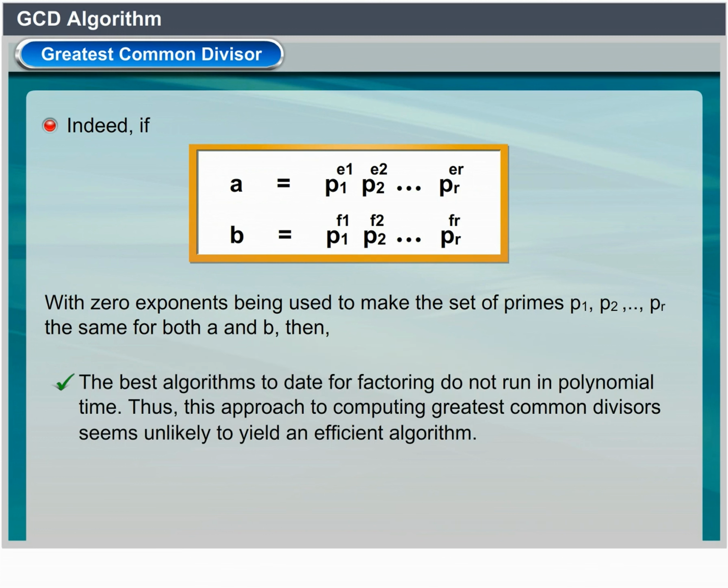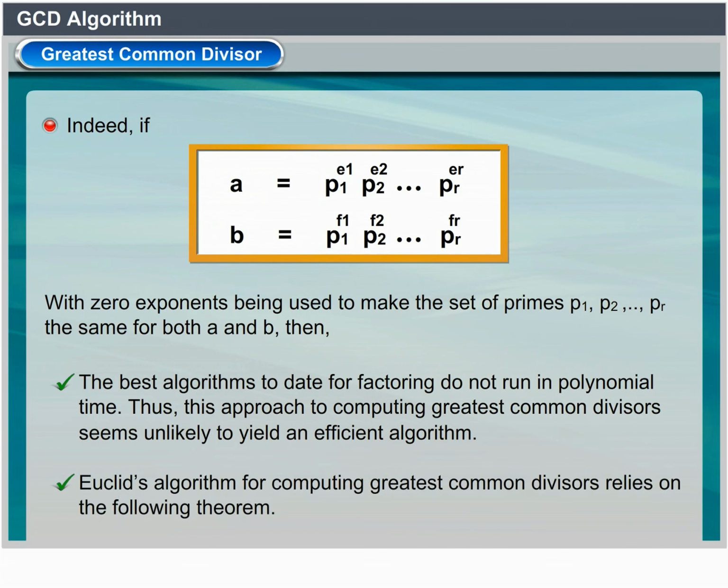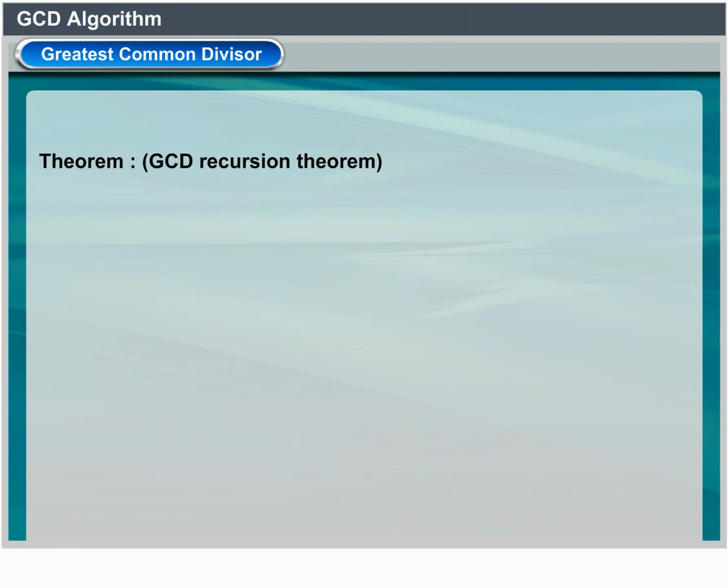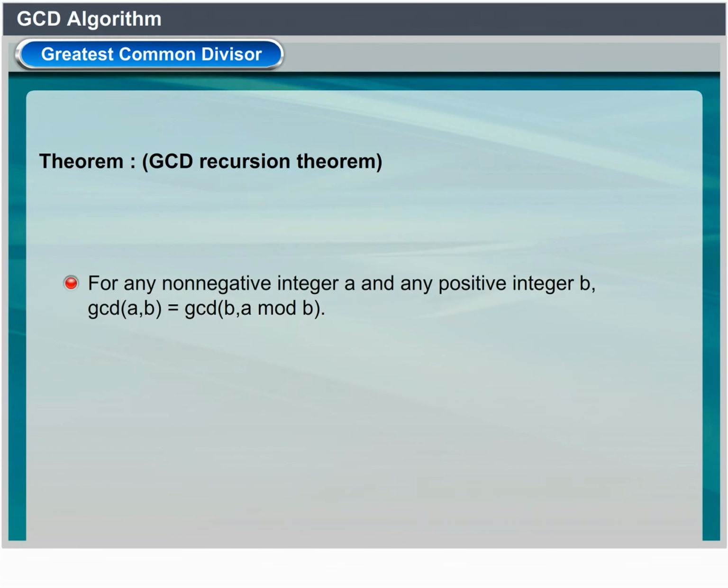Thus, this approach to computing greatest common divisors seems unlikely to yield an efficient algorithm. Euclid's algorithm for computing greatest common divisors relies on the following theorem. Theorem: GCD recursion theorem. For any non-negative integer a and any positive integer b, GCD of a, b equals GCD of b, a mod b.